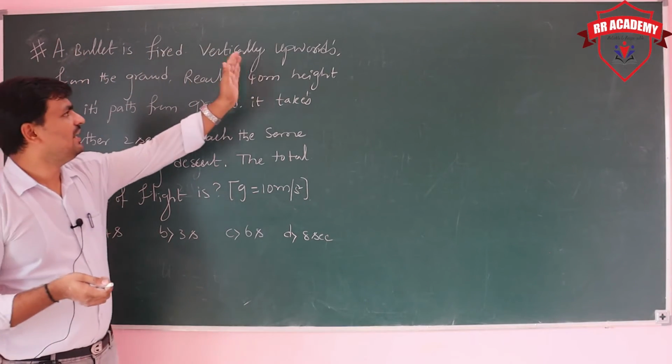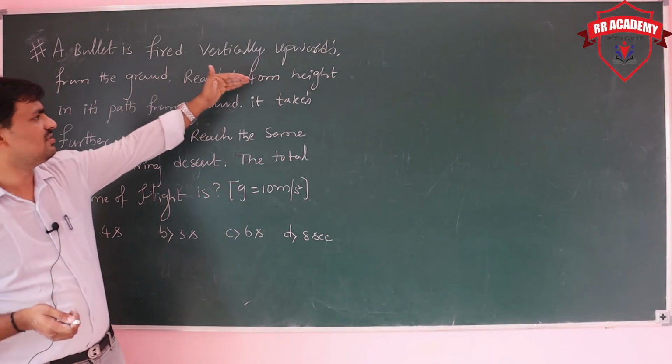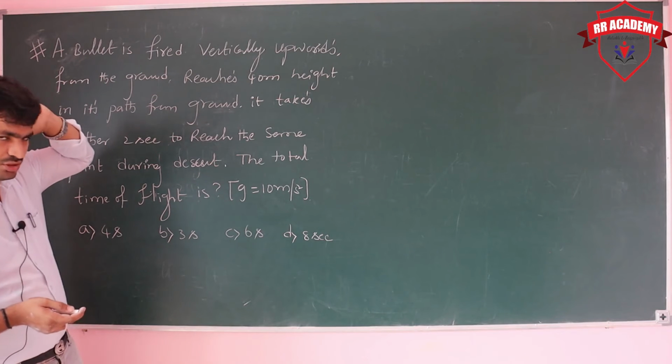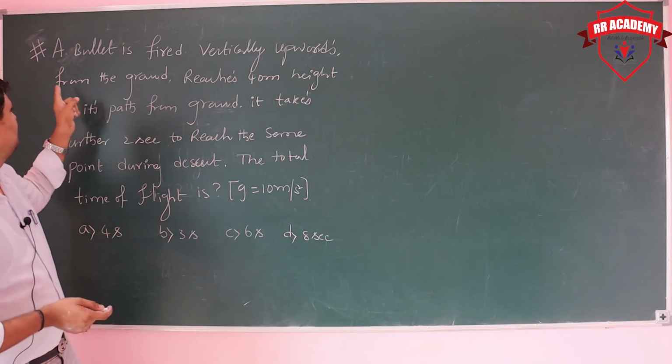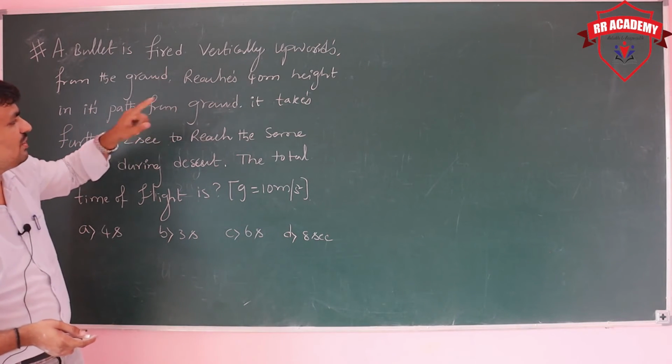A bullet is fired vertically upwards from the ground. It reaches 40 meters height in its path from the ground.